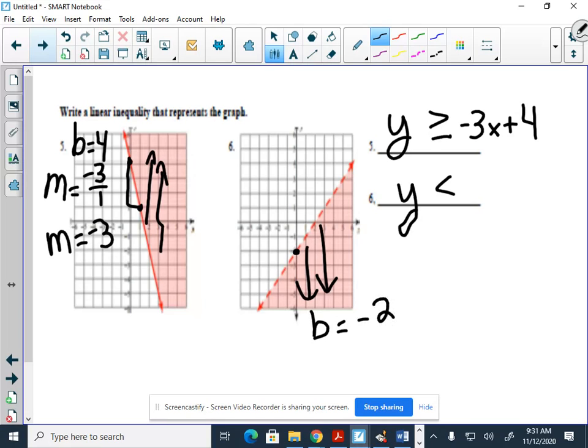Negative 2. Now you got to get to another square. I think it's up 1 over 1. So M is 1 over 1, which is just 1. So that would mean it's 1x minus 2, but we usually just write x. We usually don't write 1x minus 2. So y is less than x minus 2.